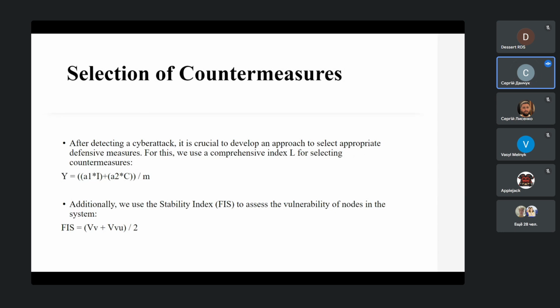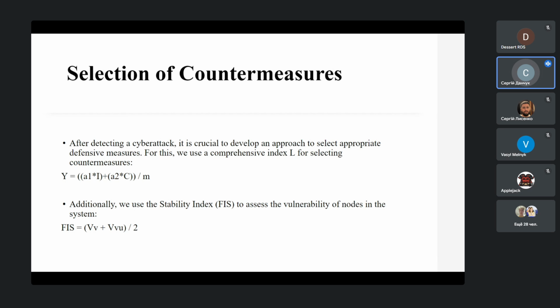Selection of countermeasures. After detecting a cyber attack, it is crucial to develop an approach to select appropriate defense measures.